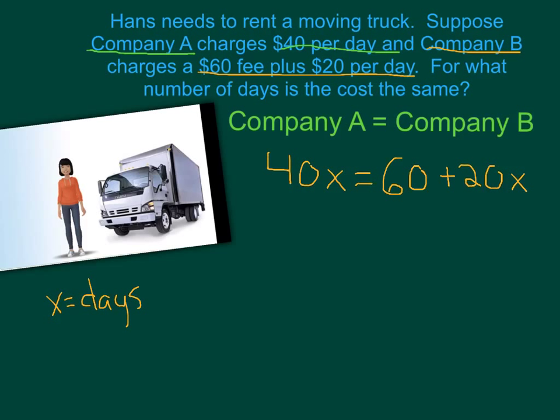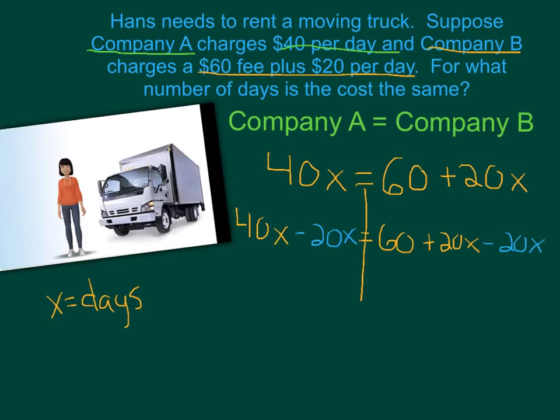Well, now we can just solve this equation. Get our variables onto one side, so I'm going to subtract 20x on both sides. So our x's cancel out on the right, and we have 20x equals 60, and then divide both sides by 20, and you should get that x equals 3 days.